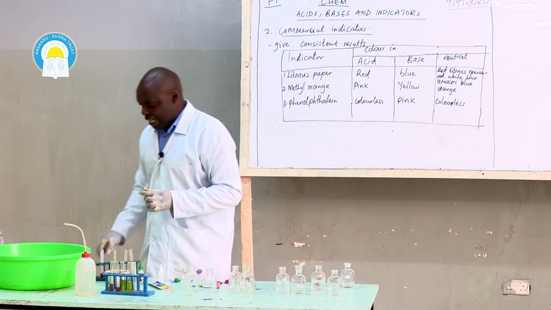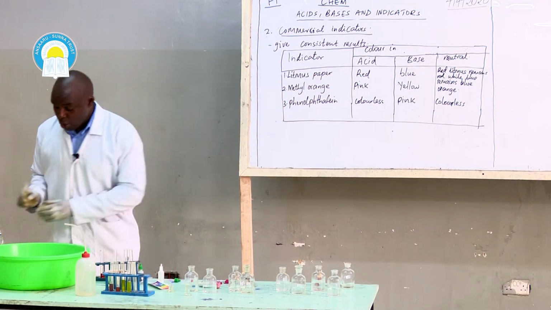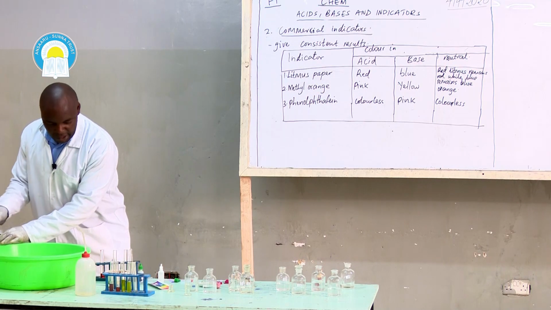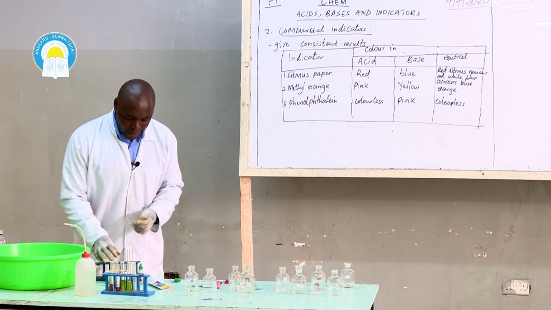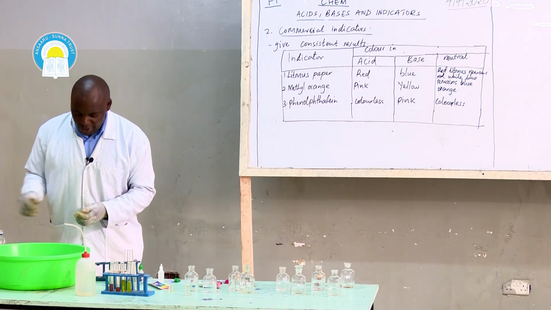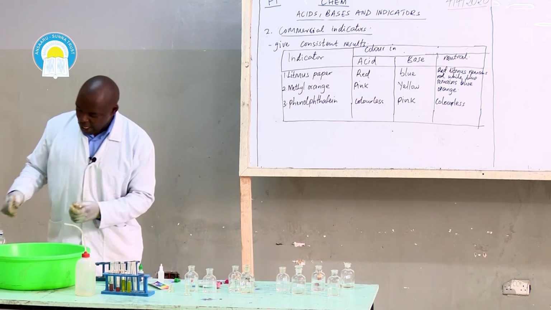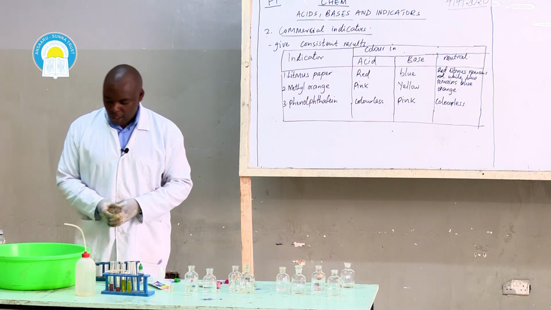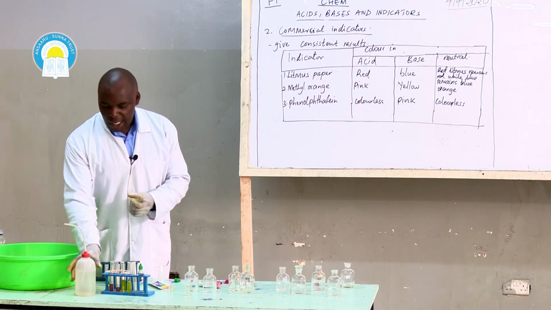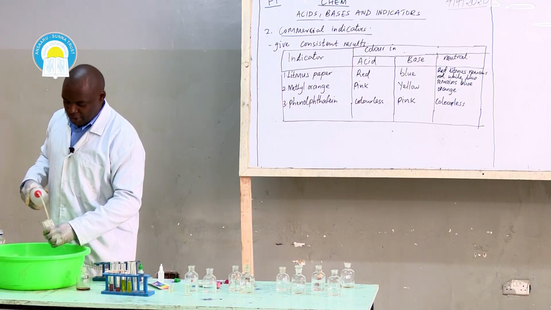So those are the colors that the commercial indicators will show in acid, base, and neutral substances. But you see here, all the acids will show a similar color, and all the bases will show a similar color when you use them with the commercial indicators we have seen.